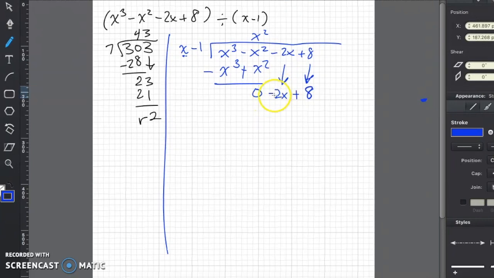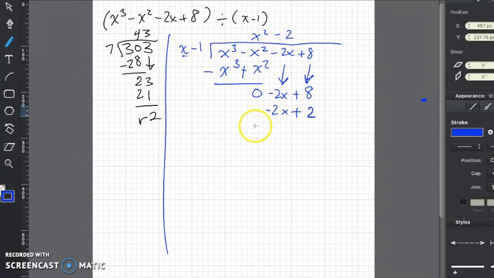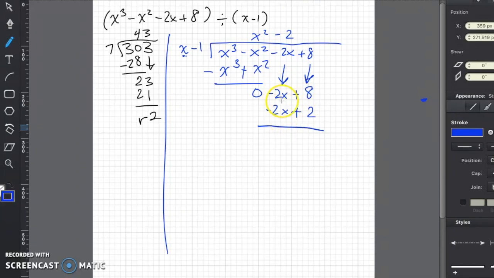Then I'm going to say, what do I have to multiply times x to give me negative 2x? Well, that's going to be minus 2. So minus 2 times x is going to give me negative 2x. Negative 2 times negative 1 is a positive 2. Then I look at this guy. Those 2 cancel out by design, right?